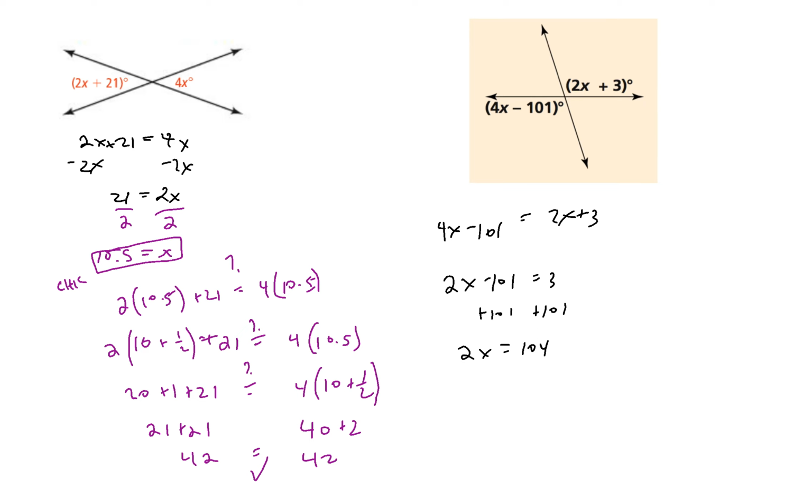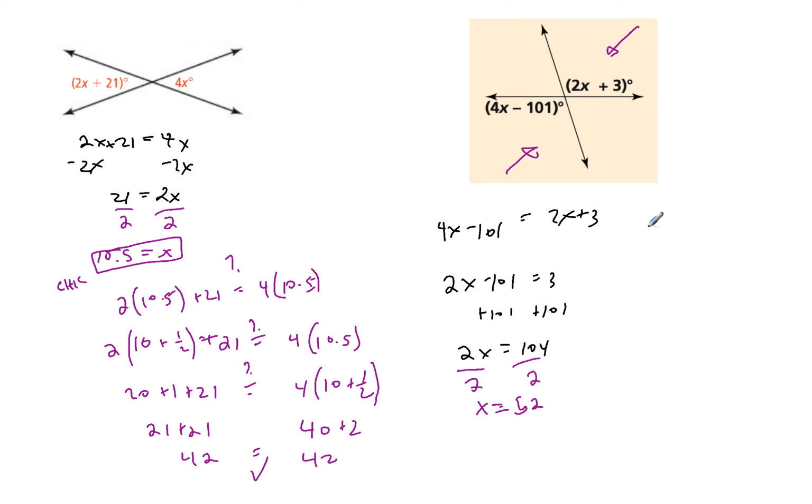When you divide both sides by 2, you get x is equal to 52. That's the value of x. But we want to make sure that our answer is correct. In other words, when I substitute 52 in for x for both this angle and this angle, the measure of each of those angles should be the same.